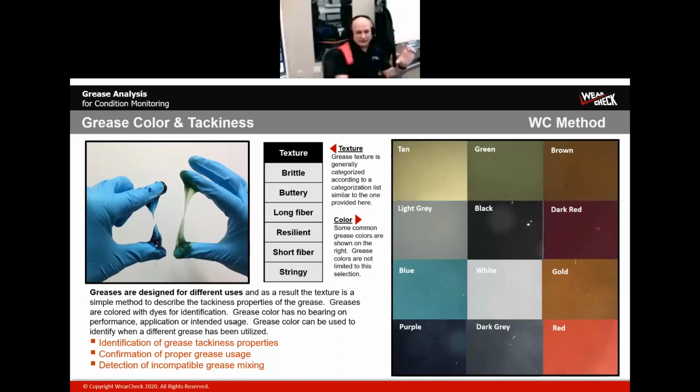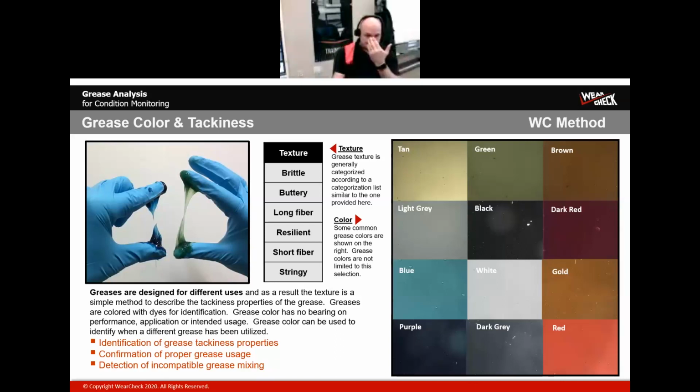So when you pull it apart, does it form very long fibers that take a long time to break? Is it resilient? Does it have short fibers, or is it stringy? You'll see the texture actually reported on a number of product data sheets for greases. So a number of the manufacturers do report a texture on there.